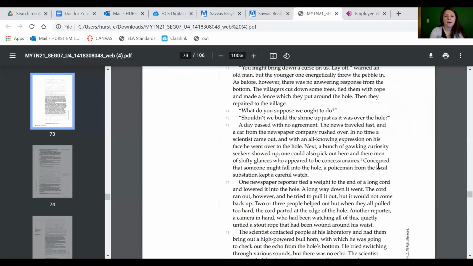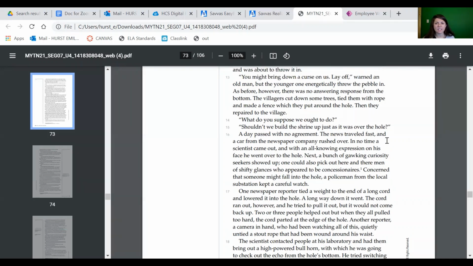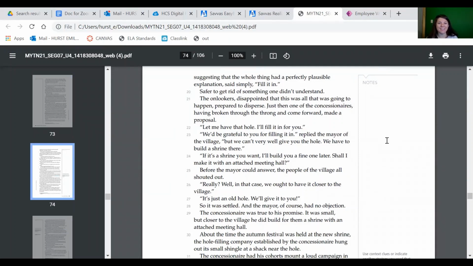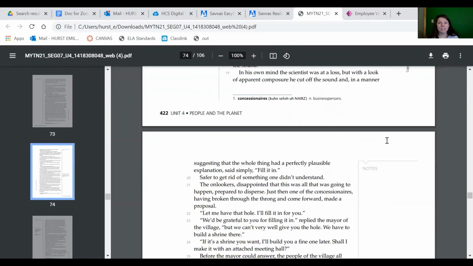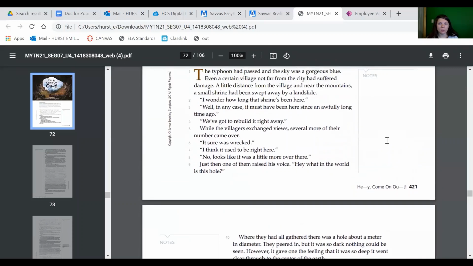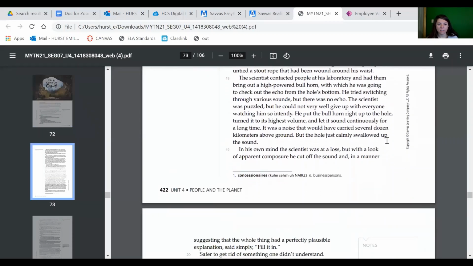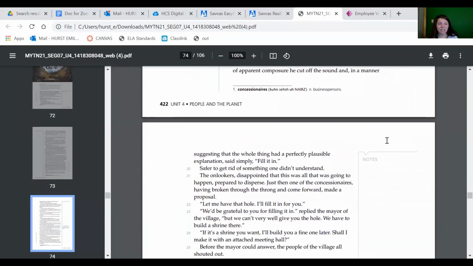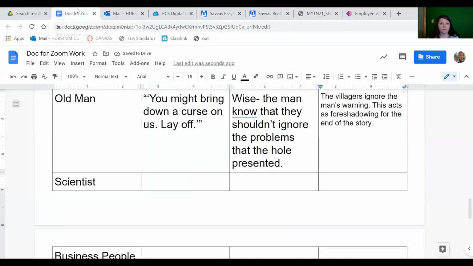All right, now the scientist. The scientist is one of my least favorite characters, because I think that the scientist covers up a lot. The scientist is selfish because of his inability to really figure out what's going on. So let's see, where is the scientist again? I didn't write down the paragraph numbers, and it's really important that you do that because it makes it a lot easier.